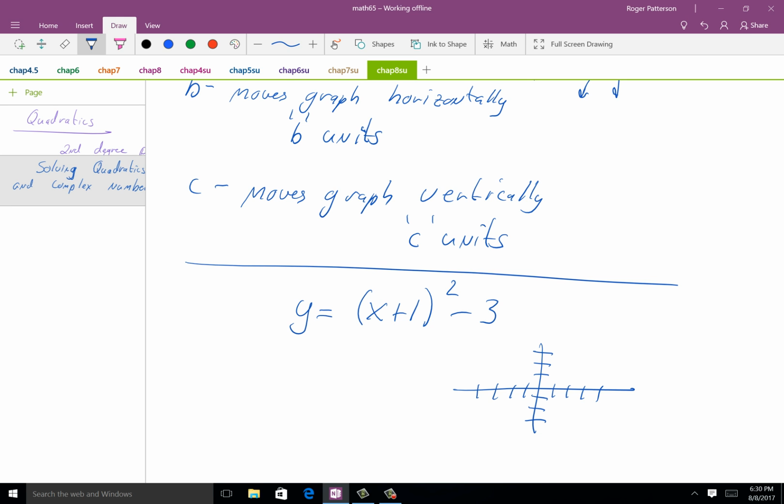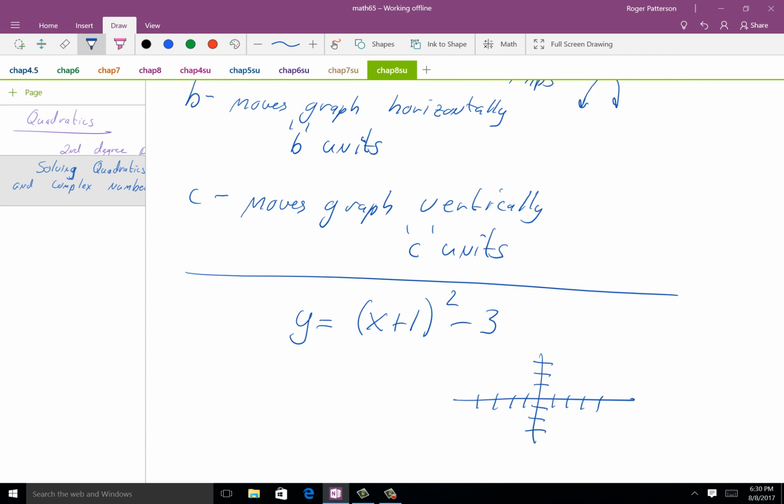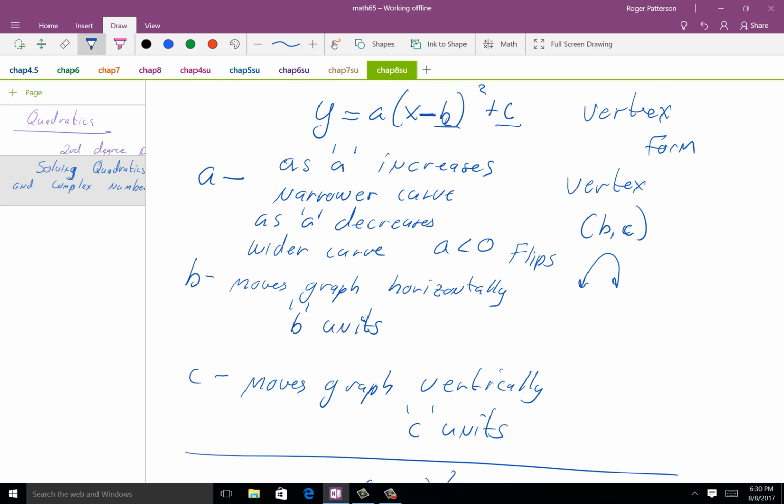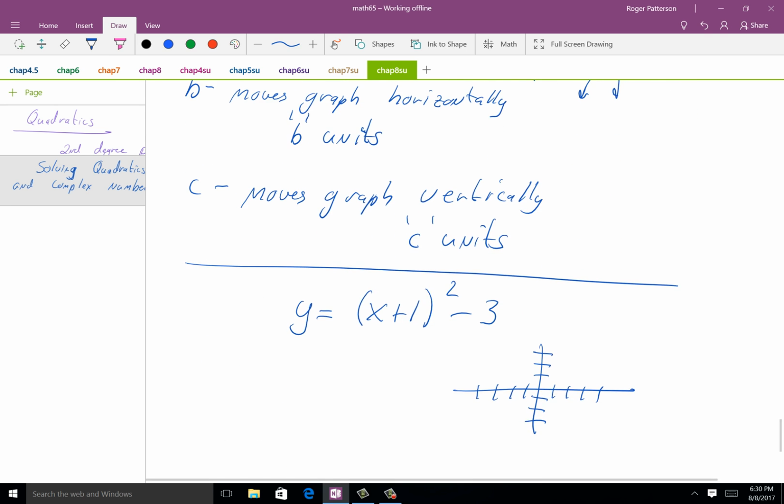You know where the vertex is because I said up here that the vertex is B, C. So whatever these two values are, that's where the vertex point is. So looking at this equation, what do you think the vertex point is? 1 and 3? Okay. Everybody agree?